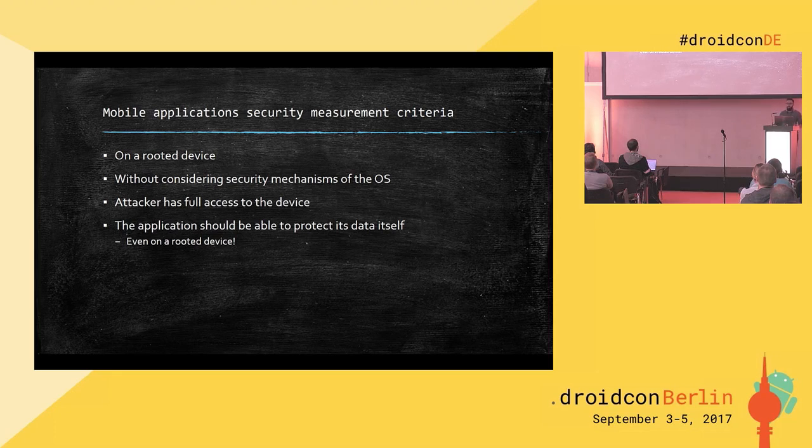That means the attacker has physical access, the device is rooted, all security mechanisms of the operating system have been disabled, and there is no lock screen, so the attacker can easily plug the device into his or her own computer and has root access to the device. So in that case, the application must still be able to protect its data and keep it confidential.